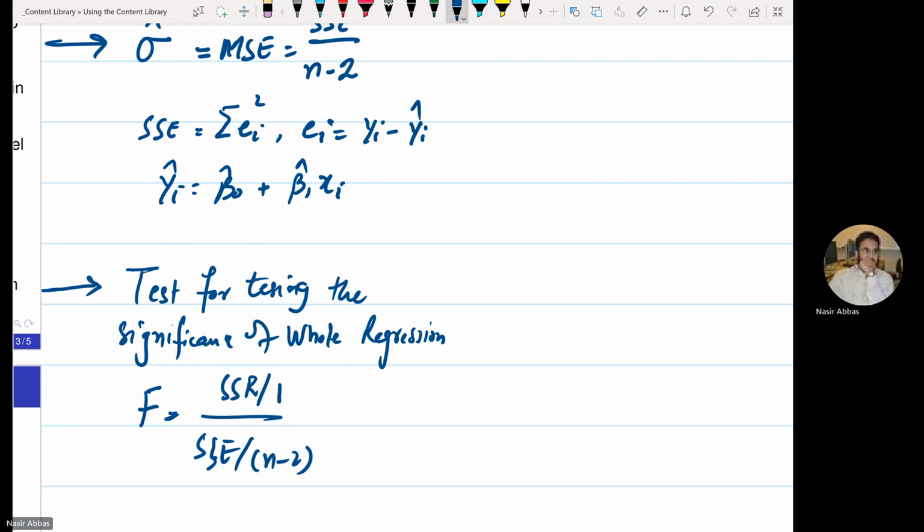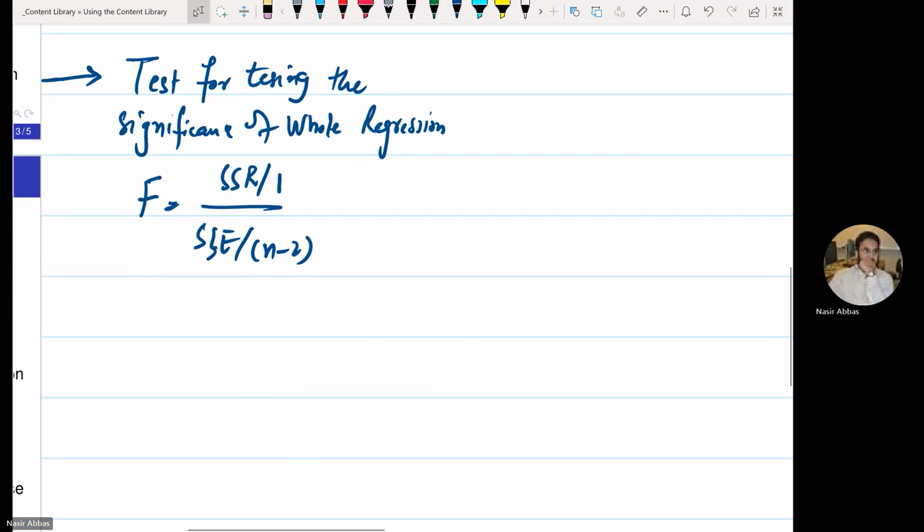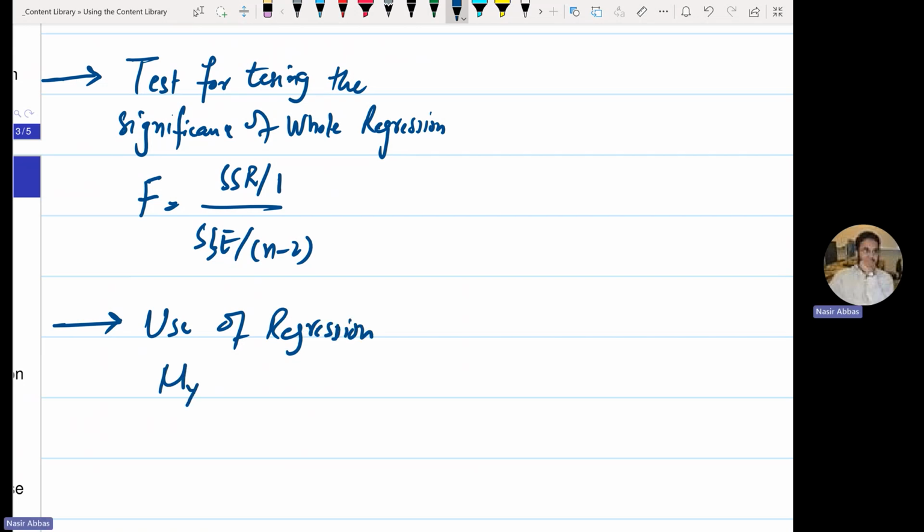Right? After doing all the tests, then you started using the regression. You use the regression for what two purposes? You used it for mu of y given x naught, and you used it for y naught, single value and mean value.